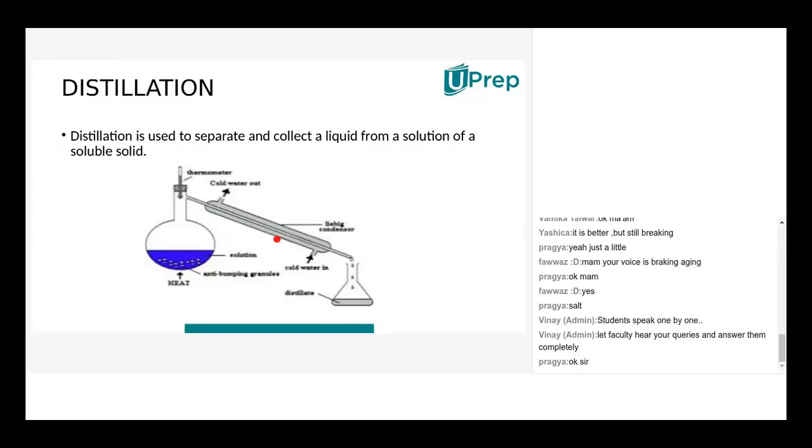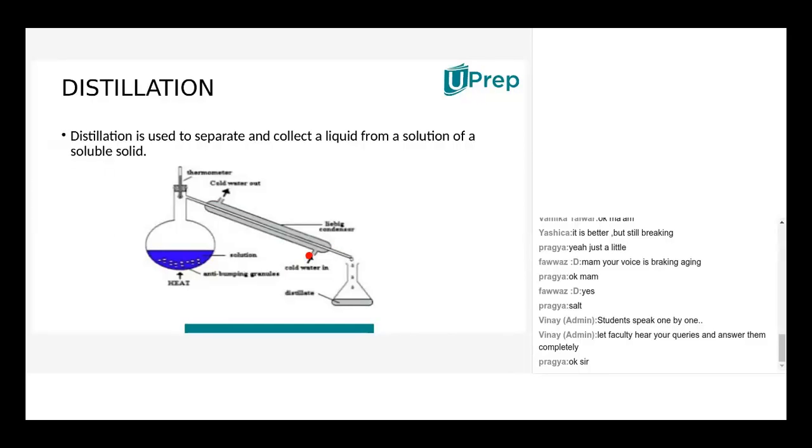In this distillation method, I'll take the sample over here. So this is nothing but a sample. I inserted a thermometer inside it, and this is connected to a condenser. To the condenser, one is outlet and one is inlet. Understood?